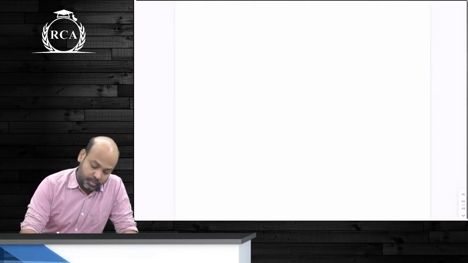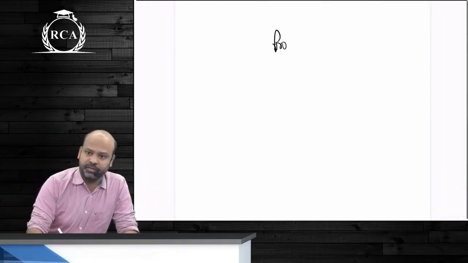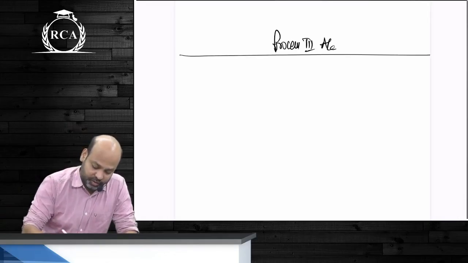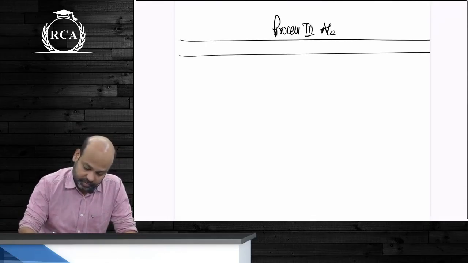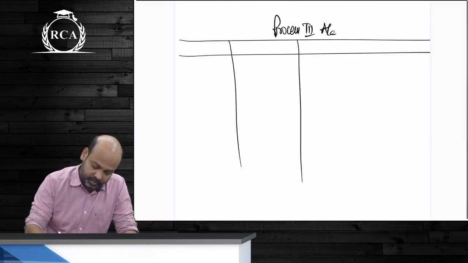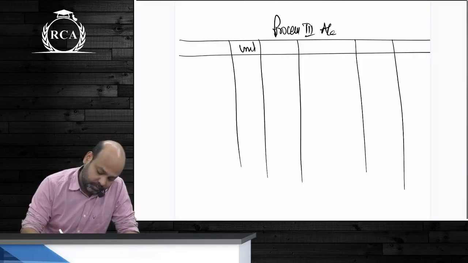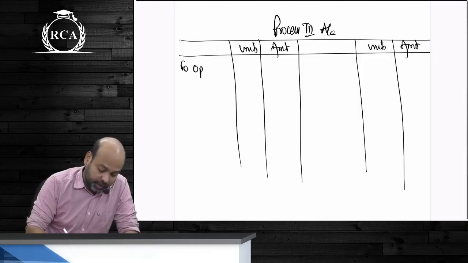Alright, process 3 account, beta. To opening work in progress, guys, how many units?